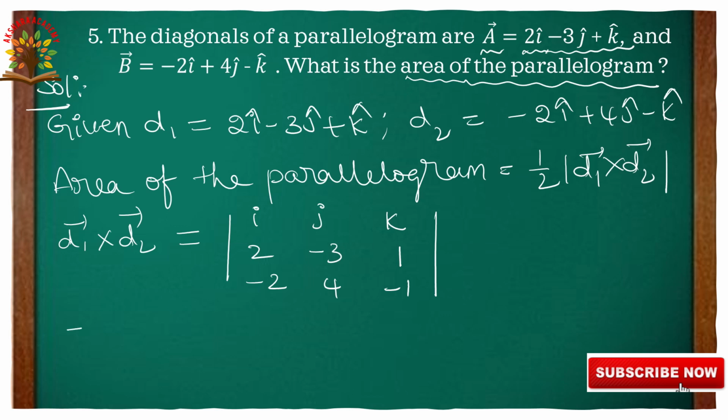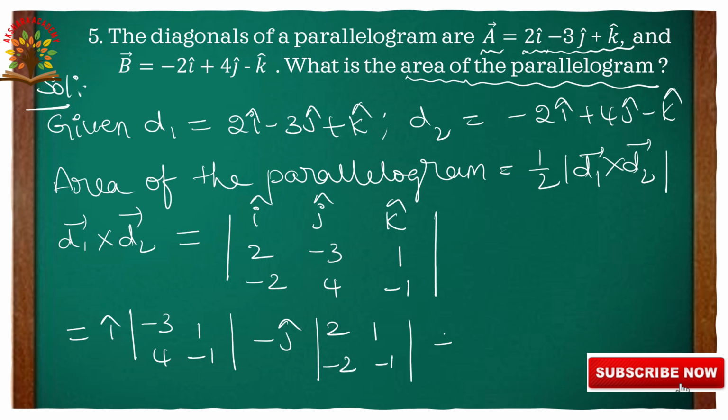So that is equal to i cap of determinant of minus 3, 1, 4, minus 1, minus j cap of determinant of 2, 1, minus 2, minus 1, plus k cap of determinant of 2, minus 3, minus 2, 4.